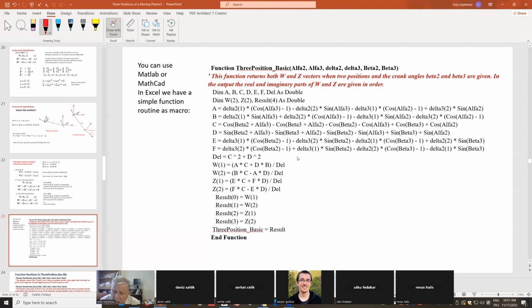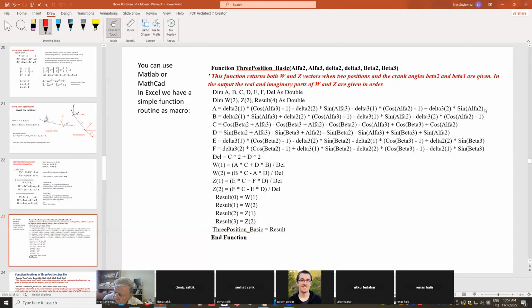For example, function 3 position basic, alpha 2, alpha 3, delta 2, delta 3, beta 2, beta 3. You have to give the 3 positions by these alpha 2, alpha 3, delta 2, delta 3. Delta 2, delta 3 has to have 2 terms. It's a vector. Beta 2, beta 3, and alpha 2, alpha 3 are scalars.